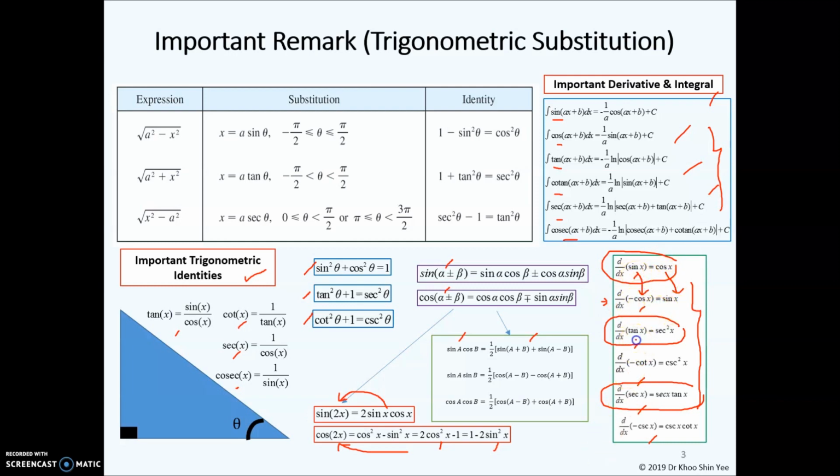And for this case, tangent has a relationship with cotangent, secant with cosecant, right? So positive here, you get negative here. And for the second relationship, secant with cosecant, tangent with cotangent. So positive becomes negative here.